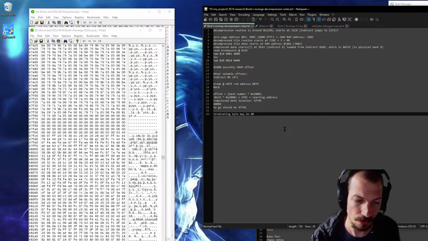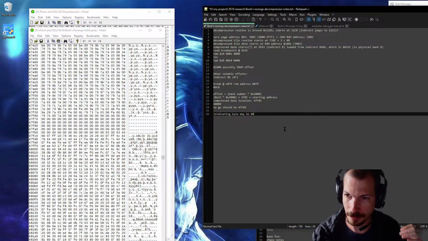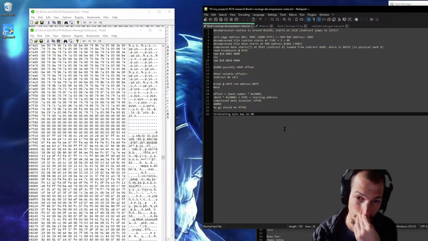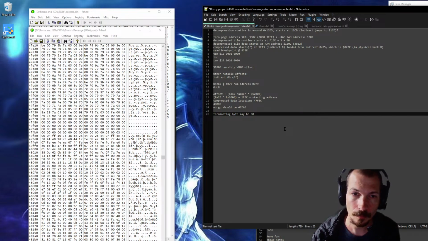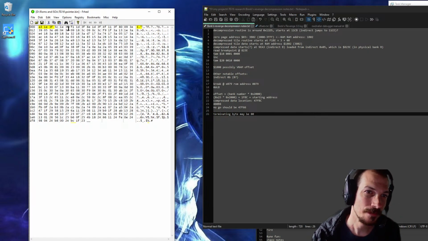And you're probably wondering, why do you care about the terminating byte if all this compressed data is sequential, one after another? The reason is that when we get to this one, we've got to figure out where this ends, because that's going to be a problem if we can't figure that out.